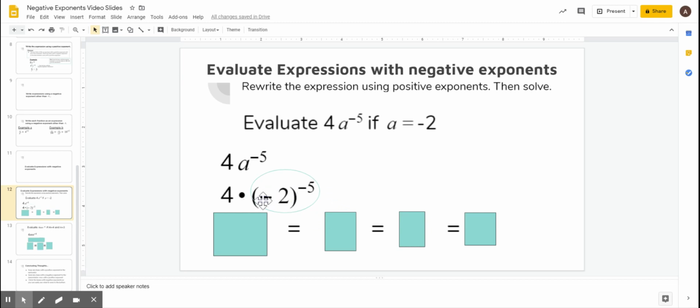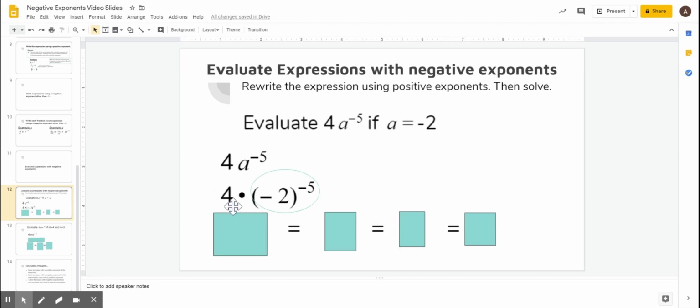All right, notice the parentheses. The negative fifth is attached to the -2. And the negative fifth power is only attached to the -2, right? There really is an exponent of 1 on the 4 that we don't normally see or write. You are welcome to write it on your paper if you want, but it's not simplified if you actually write that in your final answer. So don't write that in your final answer.